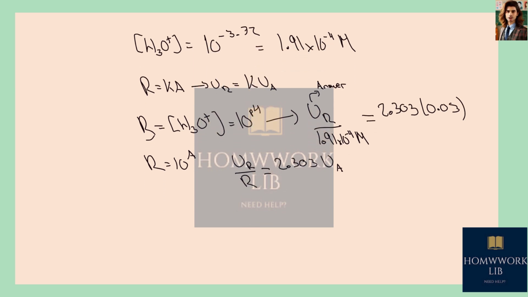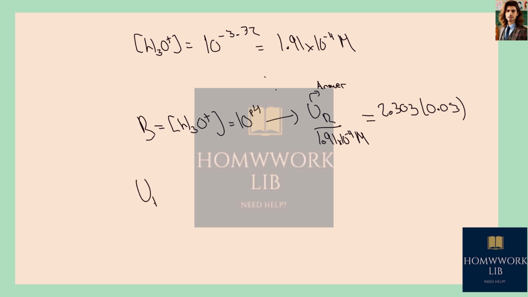Let's get rid of the equations that we're not using anymore. So let's get rid of this part, and we're left with this. So now the uncertainty on my concentration, I'm going to write it down instead of r, this was the concentration of H3O+, will be equal to 2.303 times 0.03 times 1.91 times 10 to the minus 4 molar.